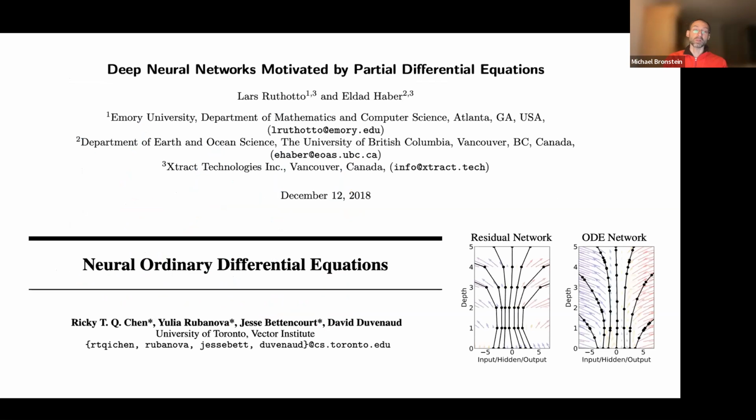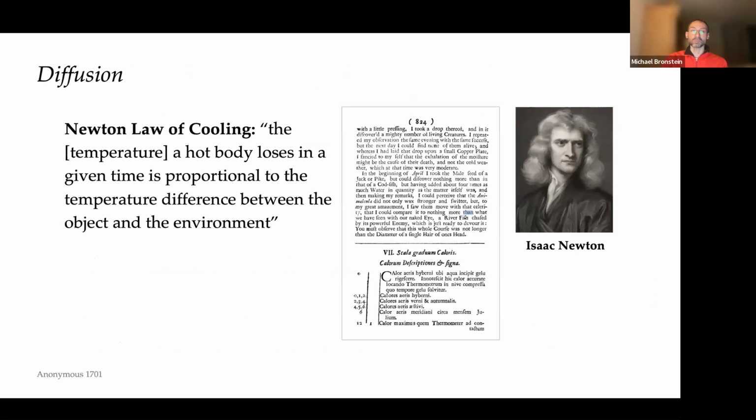There is a plethora of works on thinking of deep neural networks as differential equations. I mentioned two, probably the most famous: one by Lars, another one by the group of David Duvenaud on neural ODEs. And we are following similar ideas, but for deep learning on graphs.